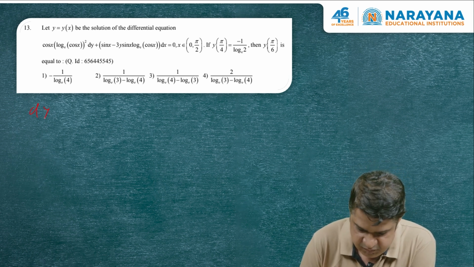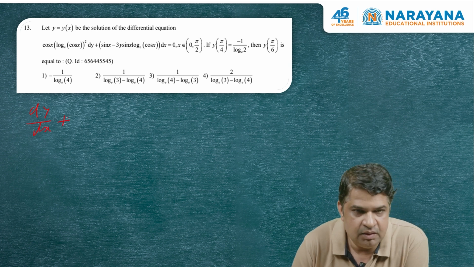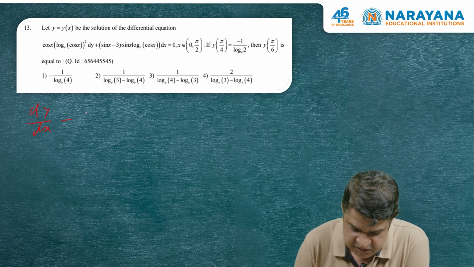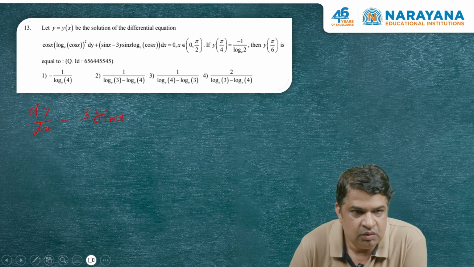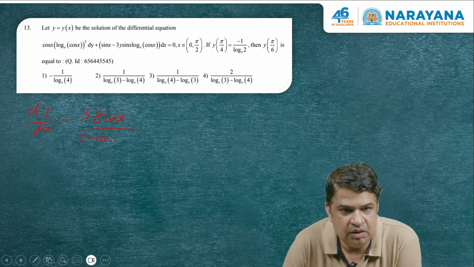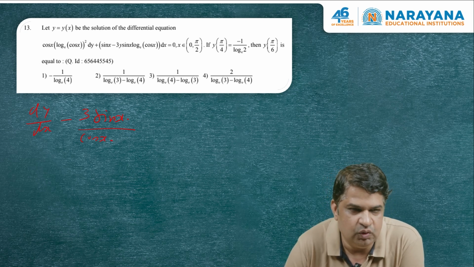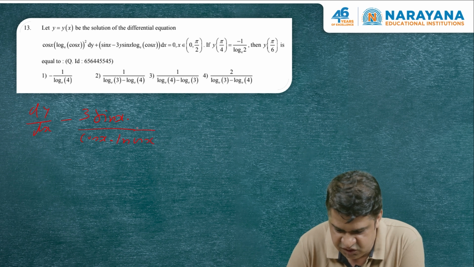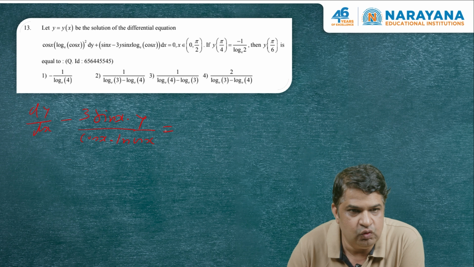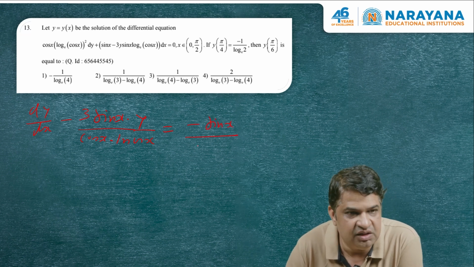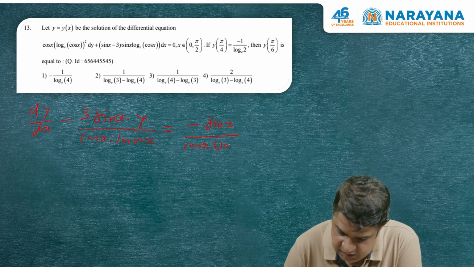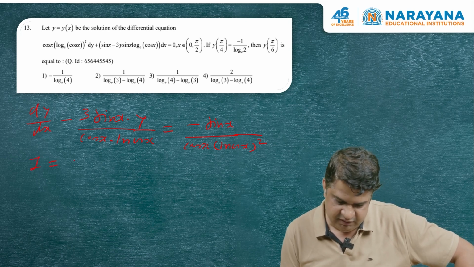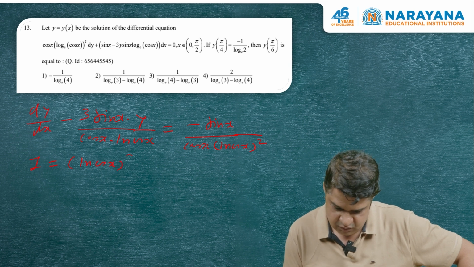It will become dy/dx minus 3 sin x times ln cos x, but when we divide the whole equation by cos x times (ln cos x) squared, the numerator ln cos x is cancelled out, and in the denominator we get cos x times ln cos x times y, equal to minus sin x divided by cos x times (ln cos x) squared. First, calculate the integrating factor, which comes out to be (ln cos x) cubed.